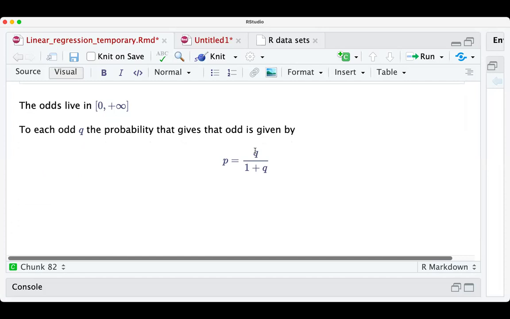We are still not there because we wanted a vector that was in the whole line, not only in the positive numbers.